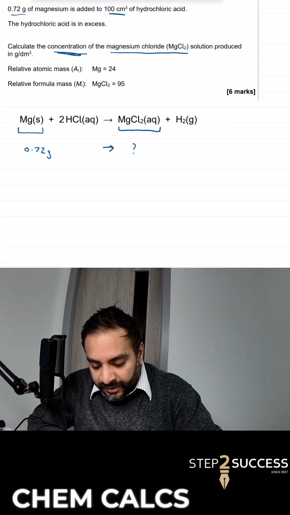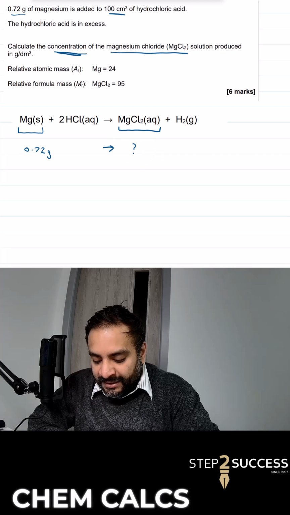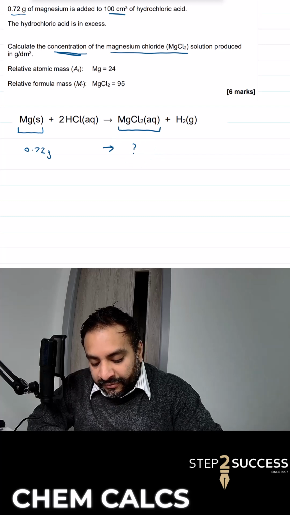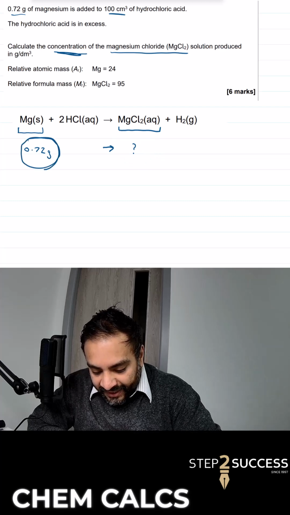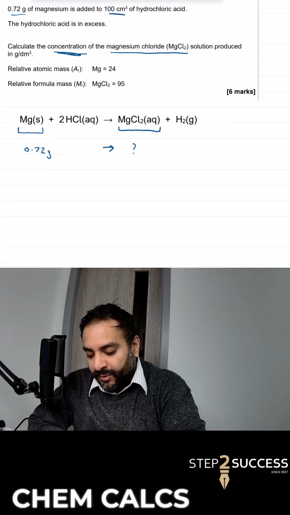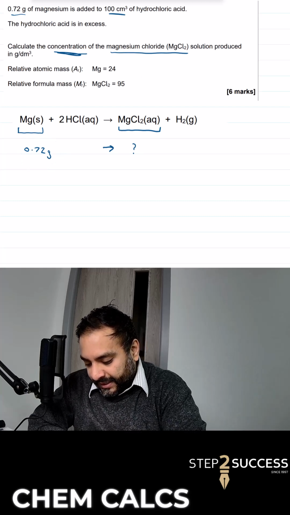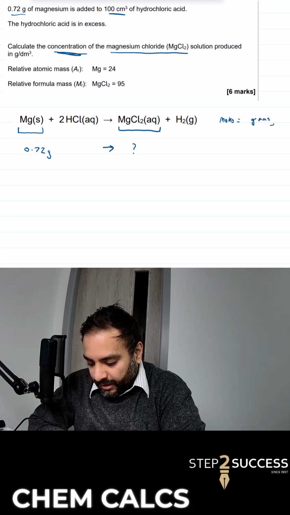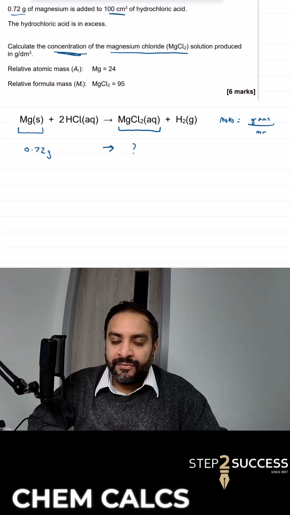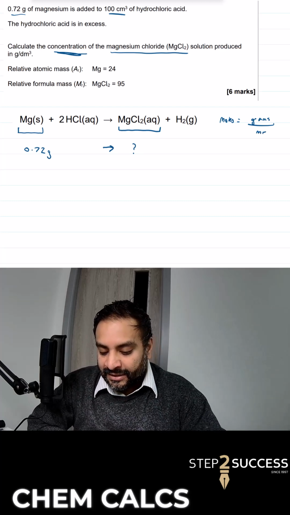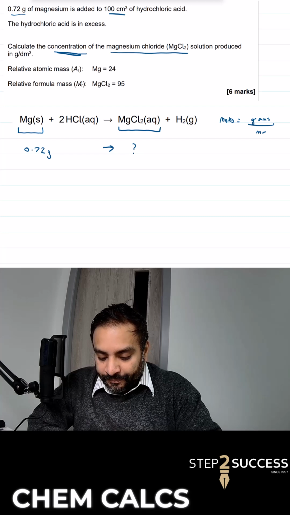So how do we figure out how many grams of magnesium chloride we're going to produce here? Well, first what we're going to do is convert this to moles. The way you convert grams to moles is, if I just write this down on the side here, that moles equals the mass in grams over the relative formula mass, or the relative atomic mass of the substance involved.